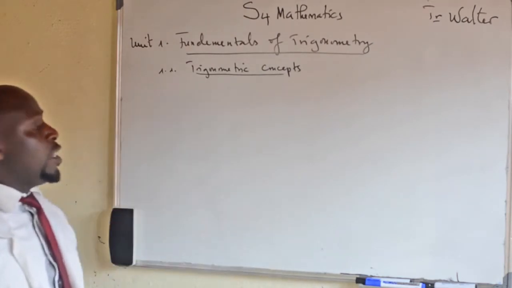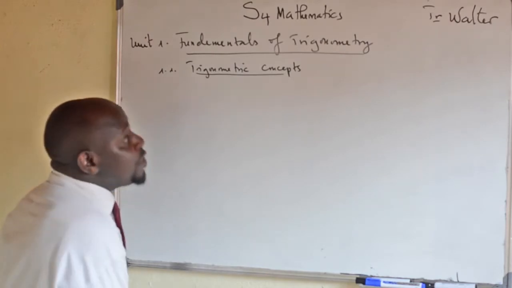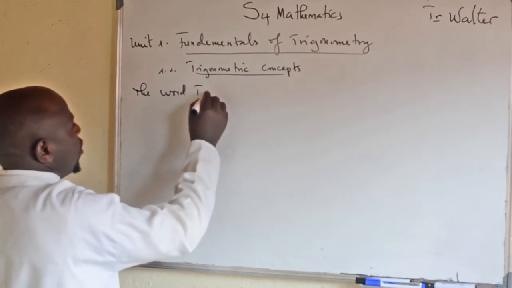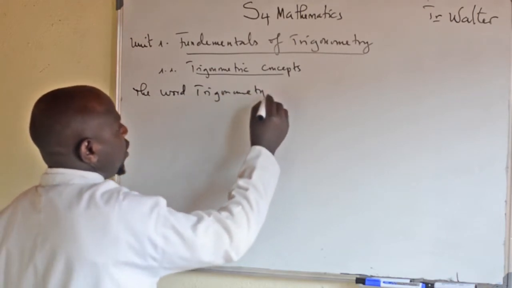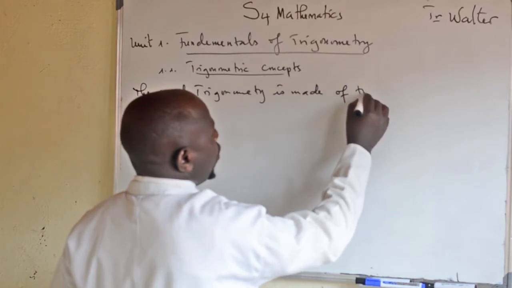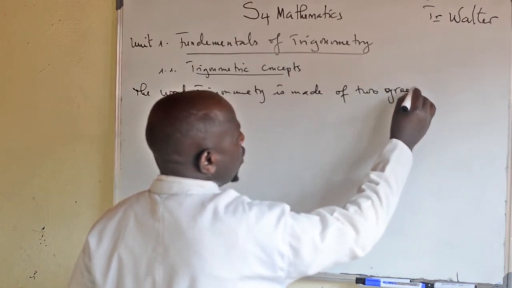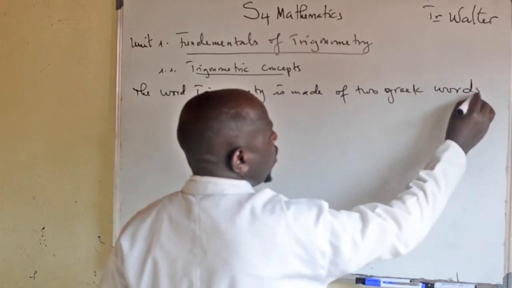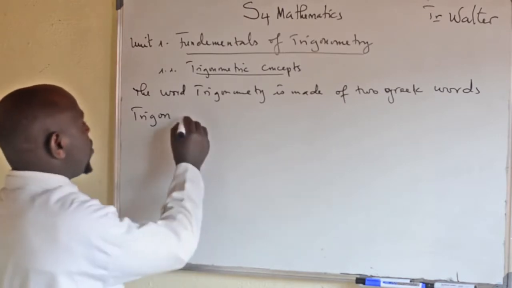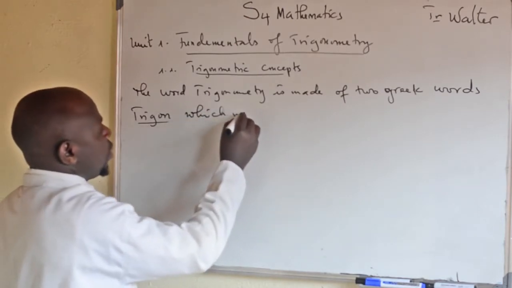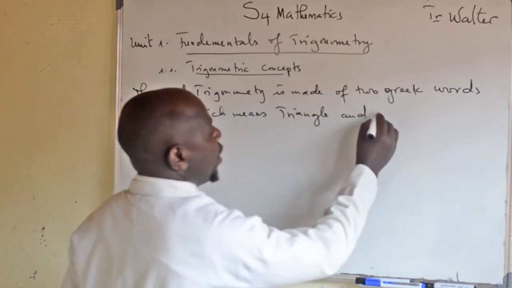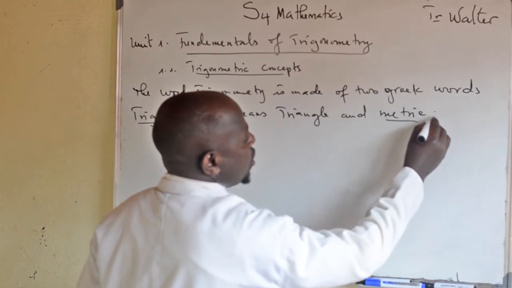If you look within the word trigonometry, we have two words which are from Greek. The word trigonometry is derived from two Greek words: trigon, which means triangle, and metric, which means measures.